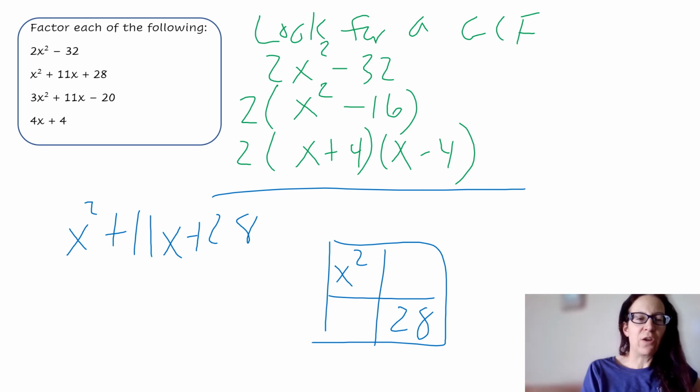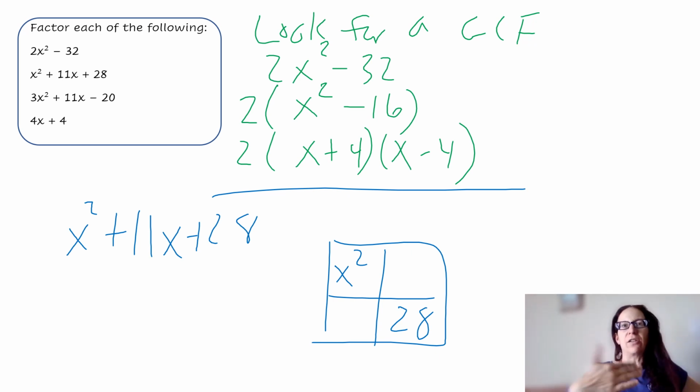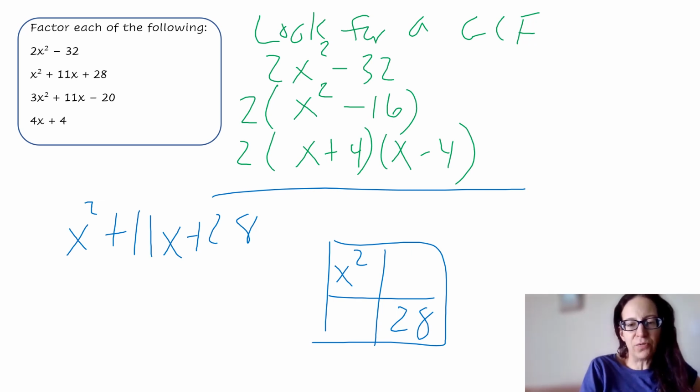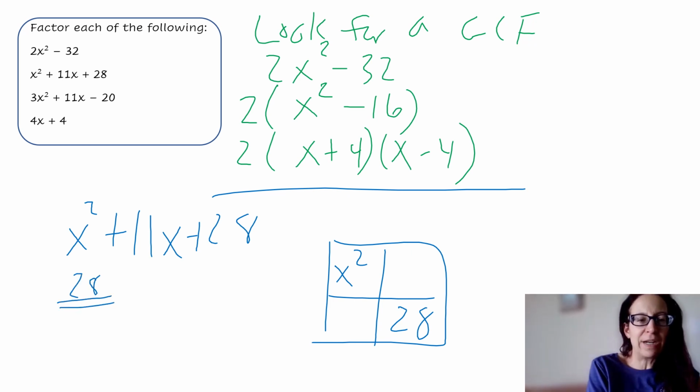And then we're looking for 2 linear terms that are going to add up to that 11x. But when you multiply them, they're going to give you that 28. And if you followed us through the polynomial division, I think it gets a little bit easier to come back and do this with the factoring because you've seen it work with the polynomial division, which is a little bit more complicated. But we're going to factor that 28.